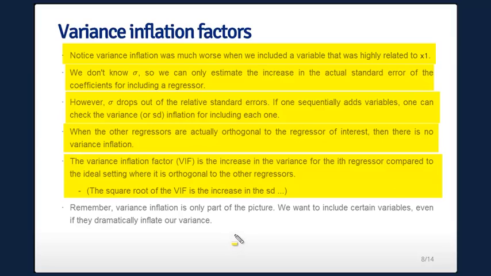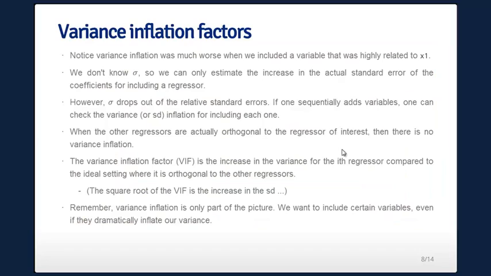And the square root of the variance inflation is the increase in the standard deviation instead of the increase in the variance. And then I just want to say, remember, variance inflation is only part of the picture. We may even want to include a variable even if it inflates the variance of our variable of interest, because it's an important thing to adjust for.